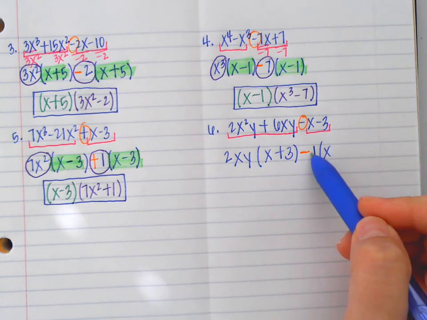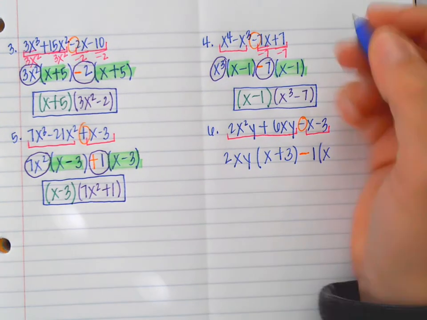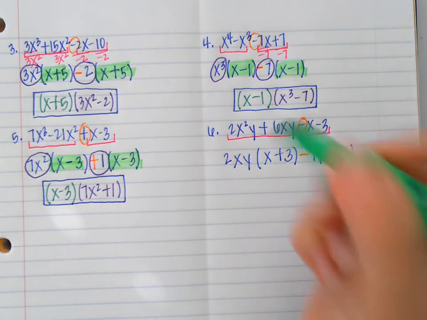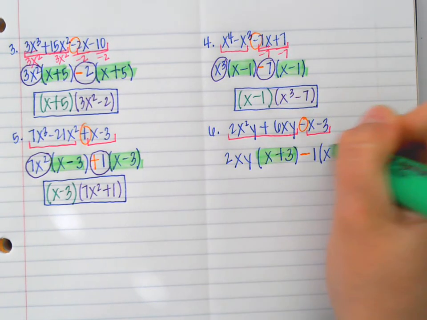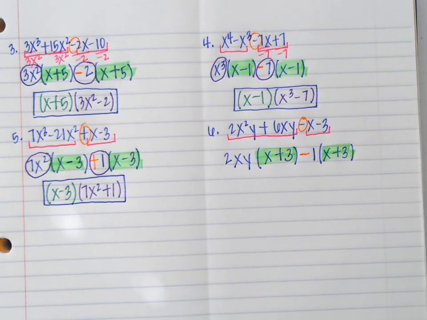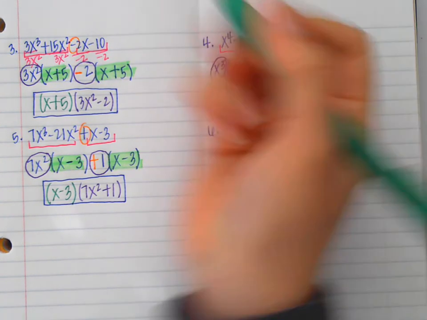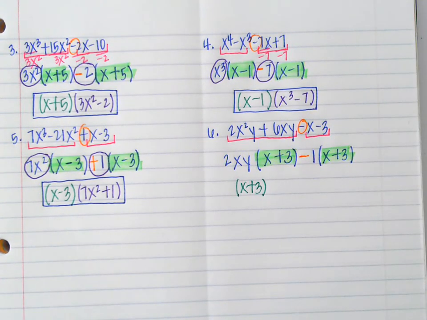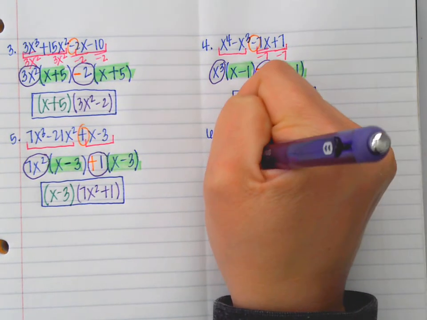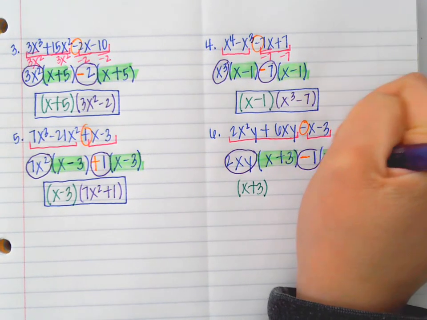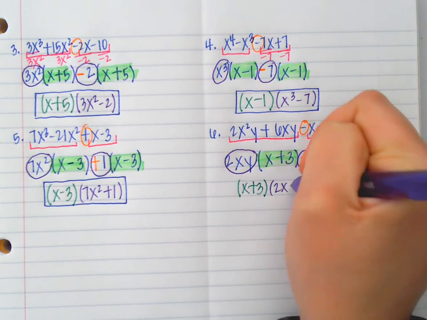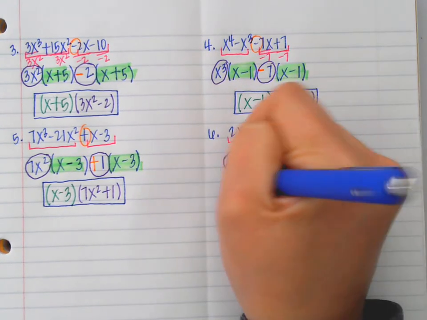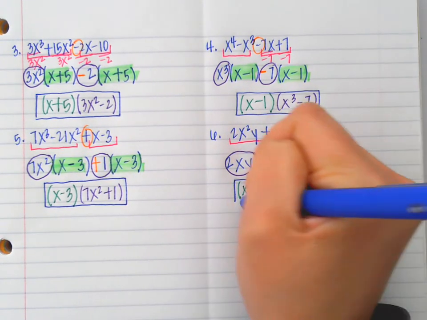Negative 3 divided by negative 1 is now positive 3. And now you're thinking, yay, these are the same, and we are so good to go. So we have x plus 3, and then whatever's left, 2xy minus 1. And that is my final answer here.